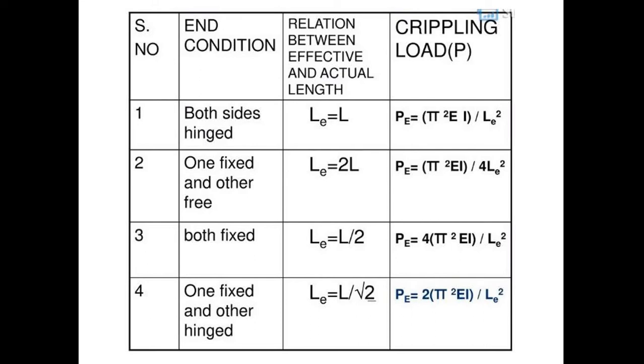But one thing that you must be thorough with is the relationship between effective length and actual length corresponding to the end condition. If the end condition is given as both ends of the column fixed, you must understand that the relationship between the effective and the actual length is LE equal to L by 2. Okay, so you must be thorough with this table.